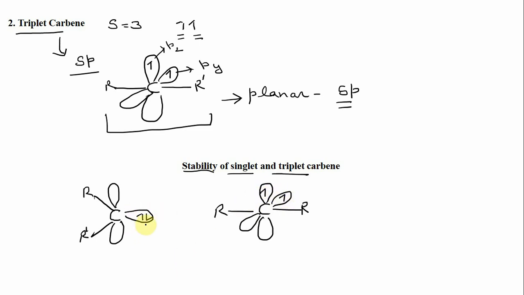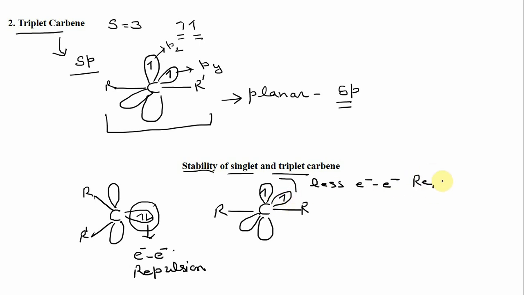Now here in this case, in singlet carbene, since both electrons are present in the same orbital, there is more electron-electron repulsion. While in case of triplet carbene, since both electrons are present in different orbitals, there is less electron-electron repulsion since they are present away from each other.